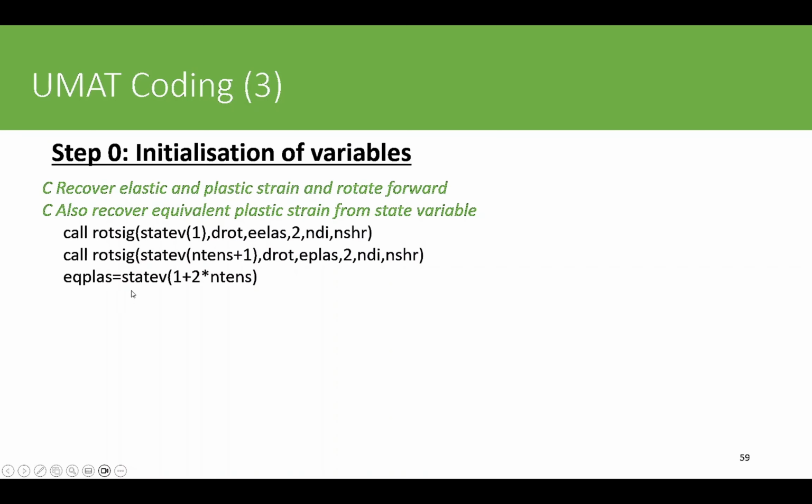Similarly, for equivalent plastic strain, I am also using a state variable which is 1 plus 2 times 6, right? The tensor has 6 components for 3D, so 6 times 2 is 12, plus 1 is 13. So equivalent plastic strain will always be state variable 13, while state variables 1 to 6 will be the elastic strain, and state variables 7 to 12 will be the plastic strain tensor.